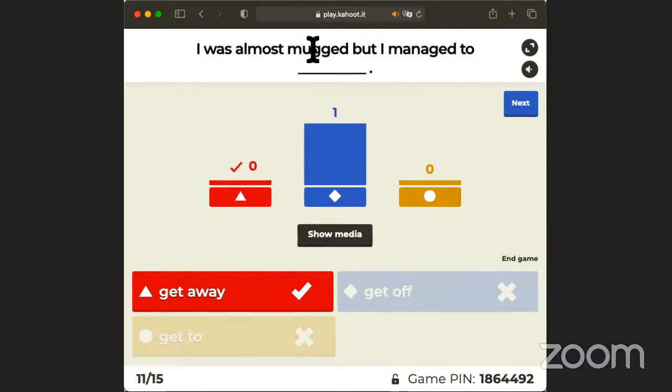Do you know the meaning of mugged? It's when they want to steal your stuff, for example your cell phone or your bag, something valuable. Let's read the answer, please. I was almost mugged, but I managed to get away. Yes, great. So do you understand the meaning of mugged, or is it not very clear?